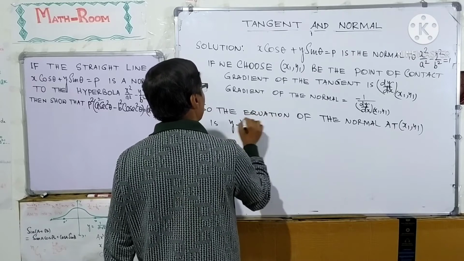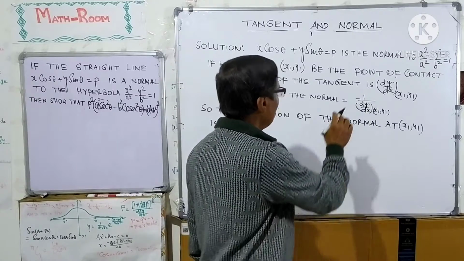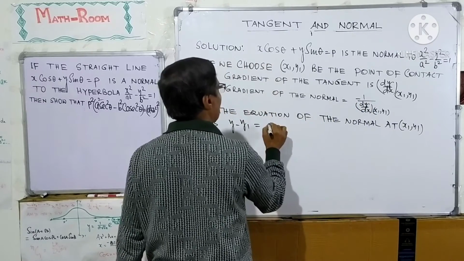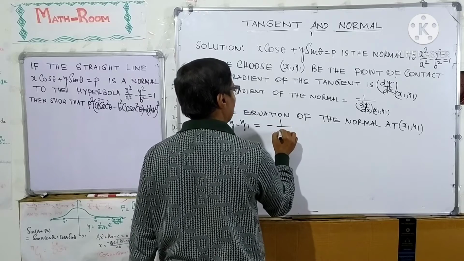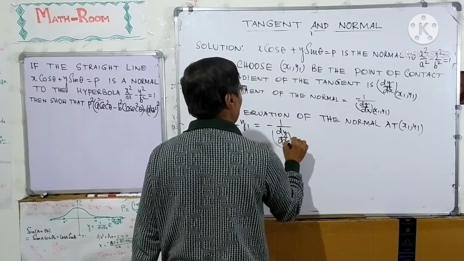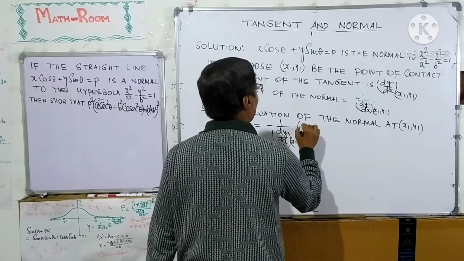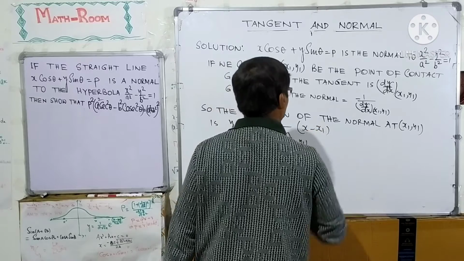Normal is a straight line, so the equation of normal is y minus y1 into gradient. The gradient of normal is minus 1 over dy dx at x1 y1, into x minus x1.